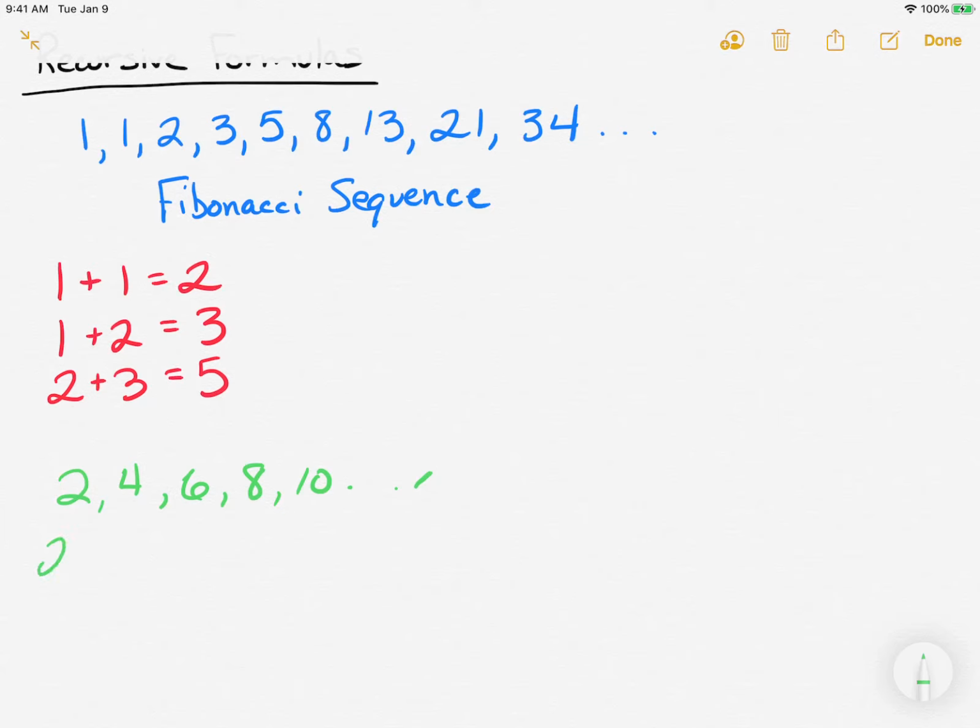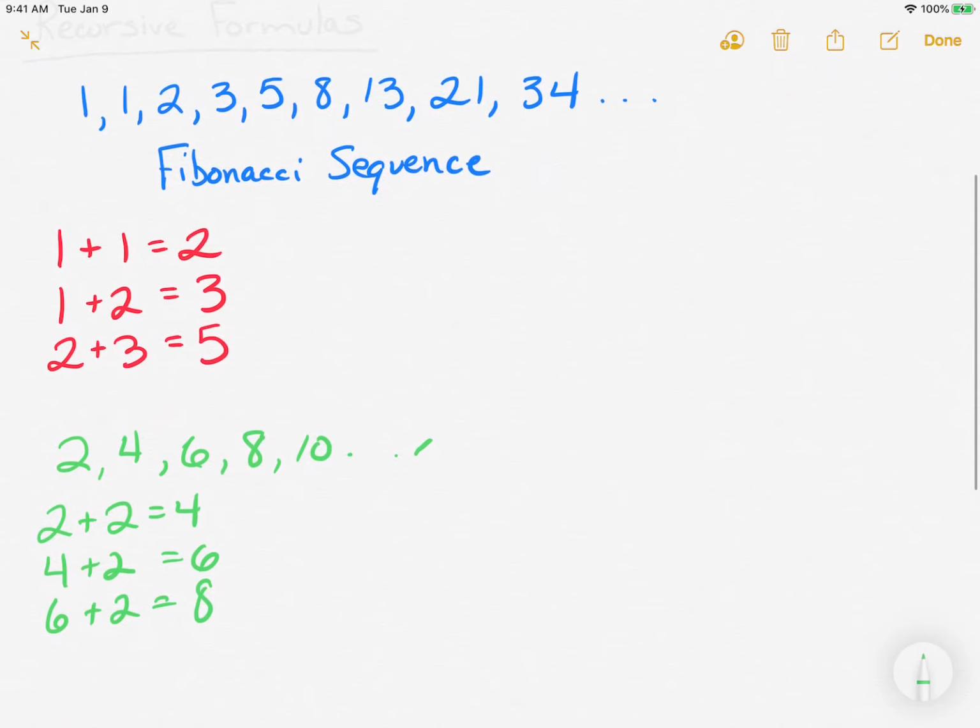So if I start with 2 and I add 2, I get 4. You take that and add 2 to it, you get 6. You take that and add 2 to it, you get 8, etc.